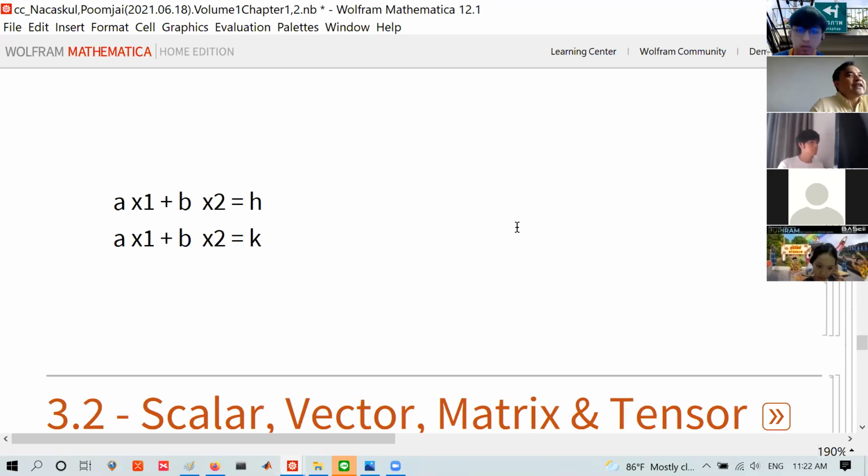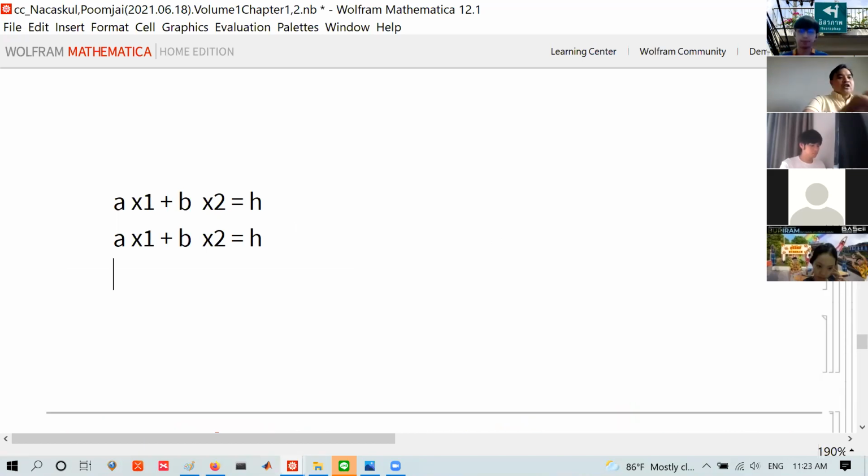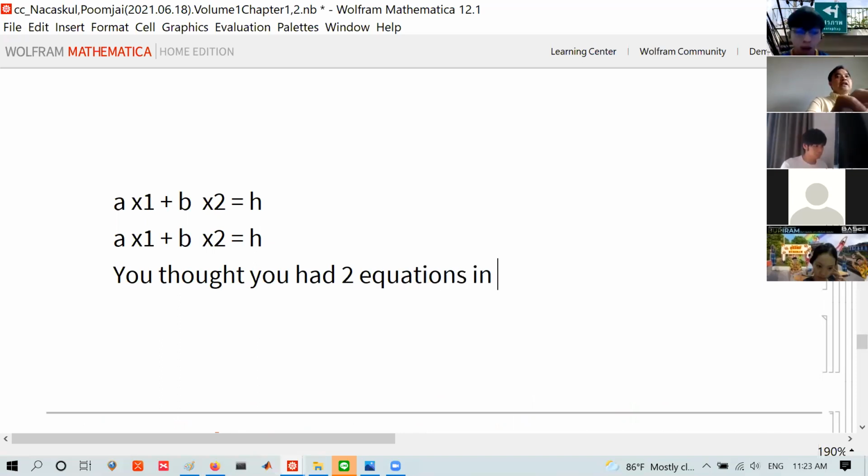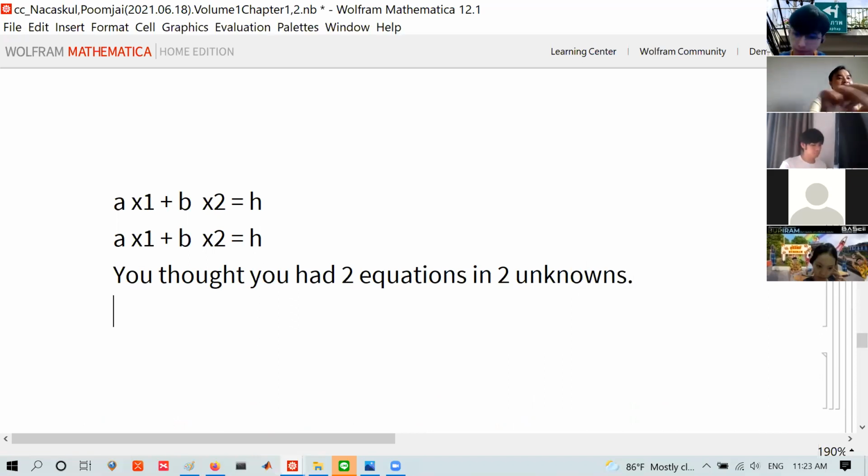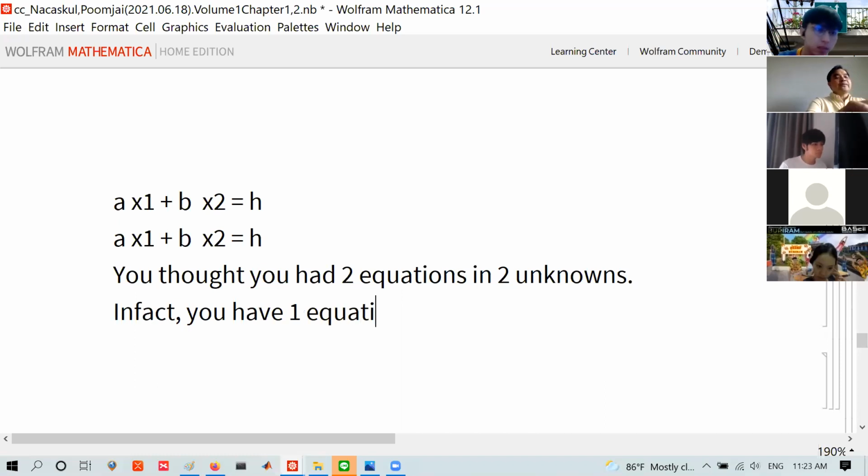Well, 2 things can happen. If k is equal to h, then you thought you had 2 equations in 2 unknowns. In fact, you have just 1 equation.